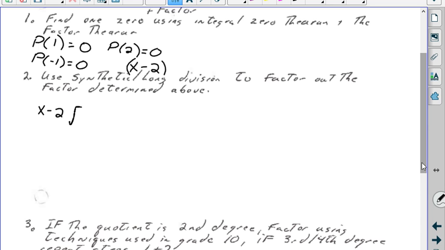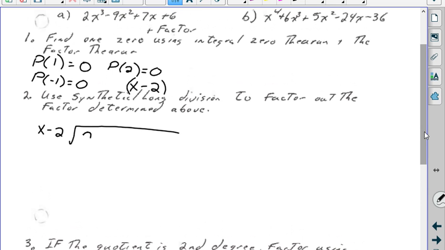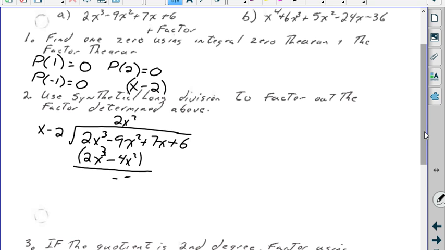So long division, I need 2x squared here. 2x squared times 2x. 2x squared times negative 2 gives me my negative 4x squared. Subtract those.